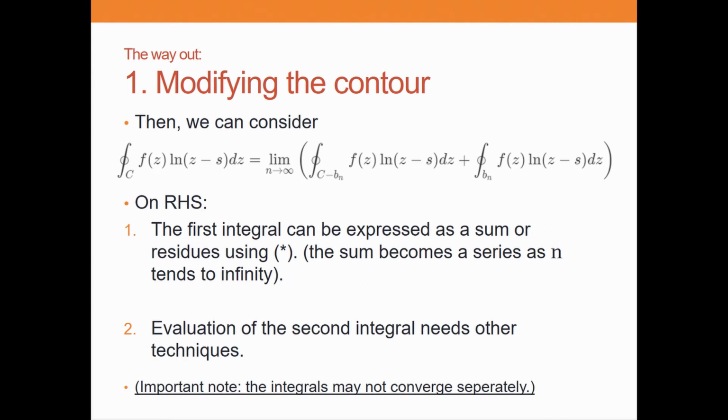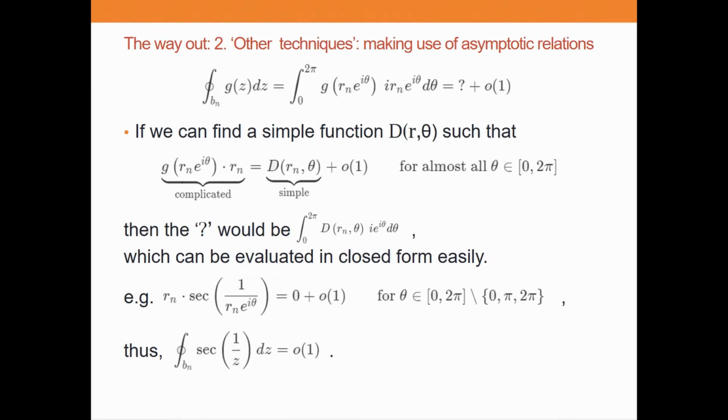On the right-hand side, the first integral can be evaluated using the star equation, because for every n, only a finite number of poles or singularities is enclosed in the contour. And for the second integral, we need other techniques. The other technique is not really surprising, but only making use of asymptotic relations.